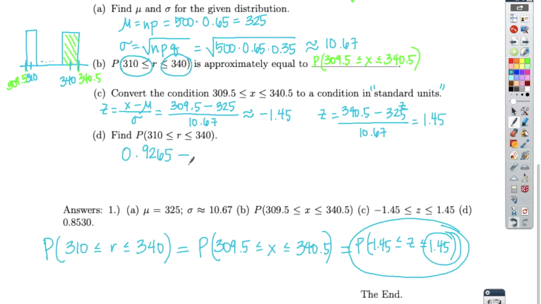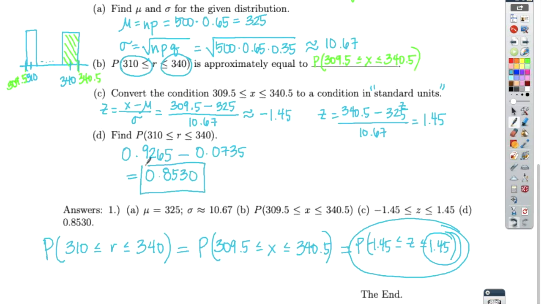That's the larger area. That's the area for z equals 1.45. Now I'm going to flip to the other side where I have the negative z scores and find negative 1.45, 0.0735. Okay, now I'll throw those into my calculator, and when I do, 0.8530.